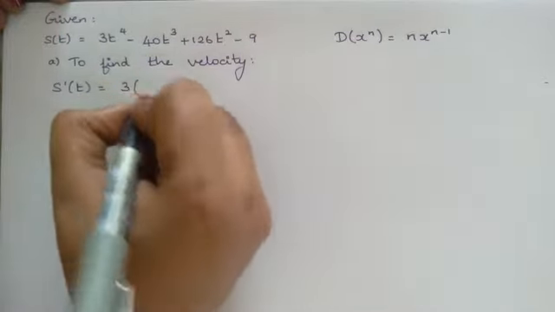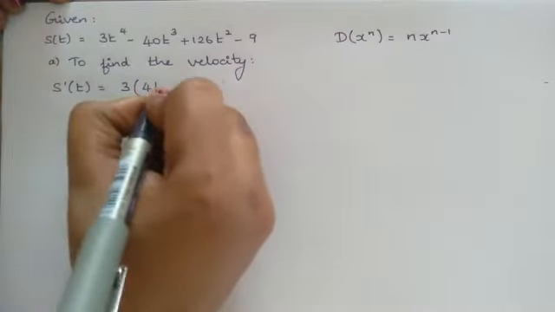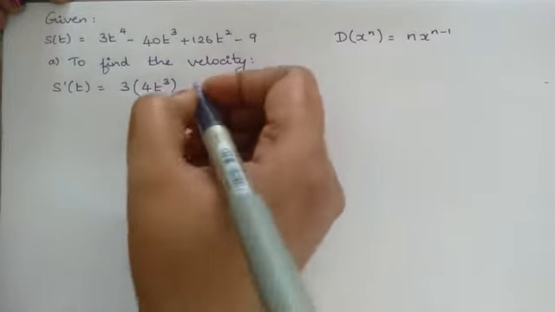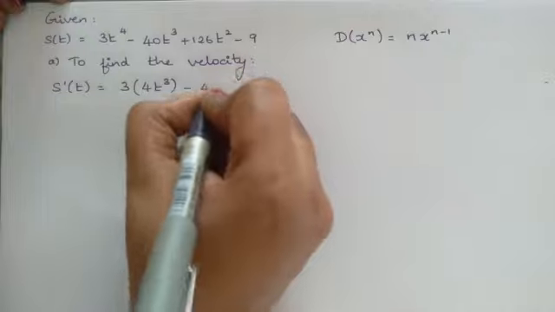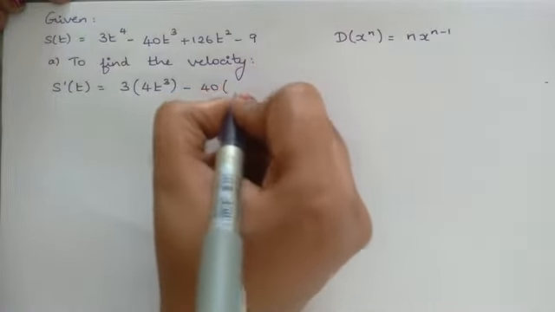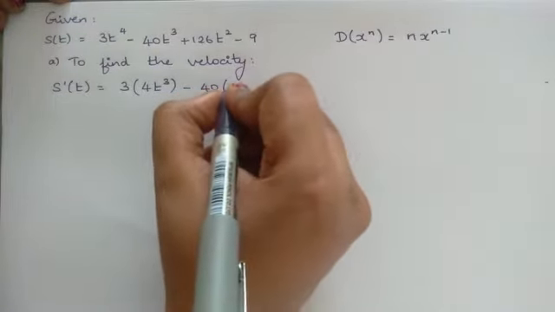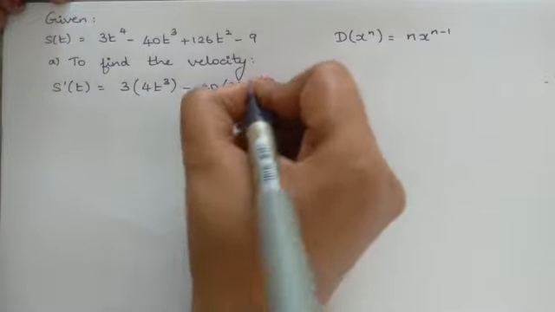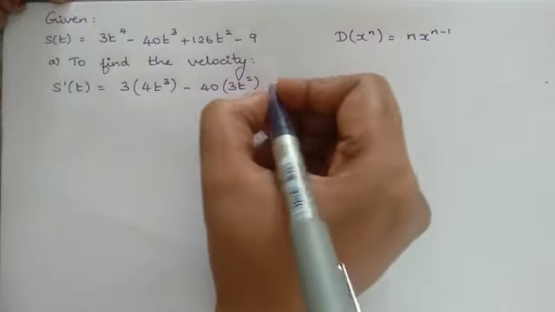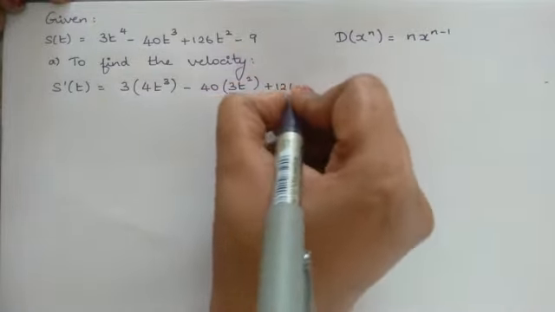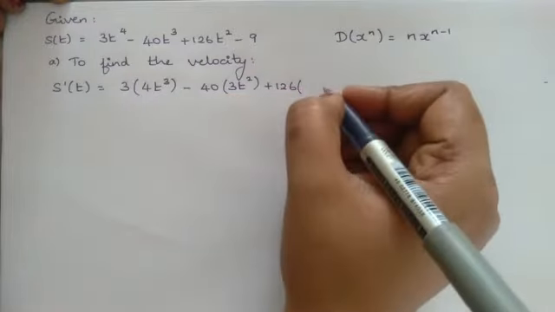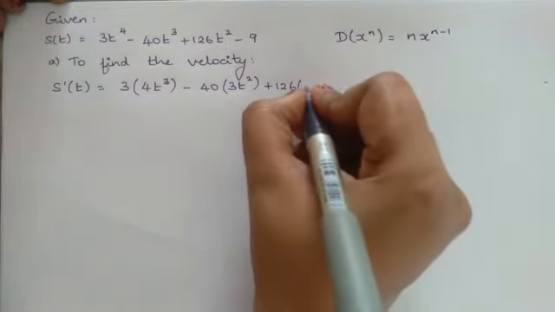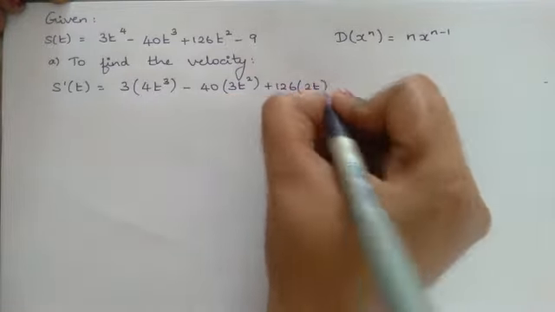T power 4 we can differentiate as 4t power 4 minus 1, which is 4t cube. Minus 40, let's have it as it is. T cube we differentiate as 3t power 3 minus 1, that is t square. Next, 126, let's have it as it is. T square has the derivative 2t. Minus 9, it's a constant, and the derivative of a constant term is 0.